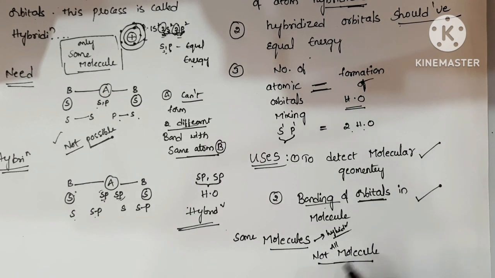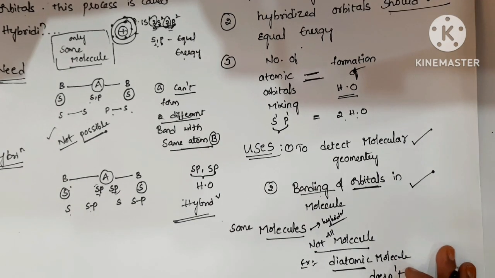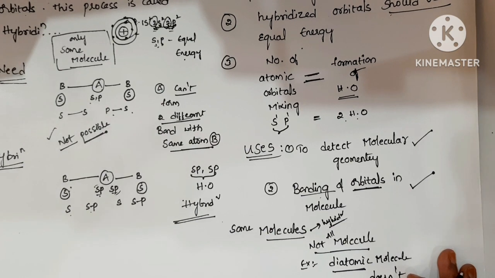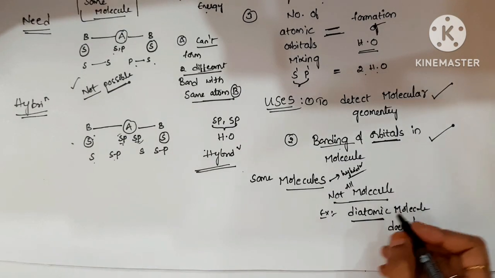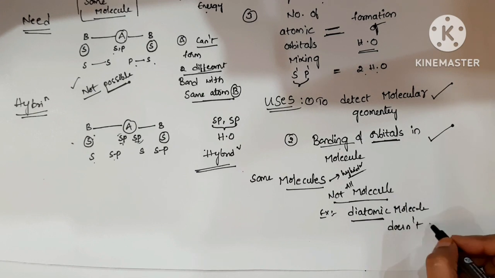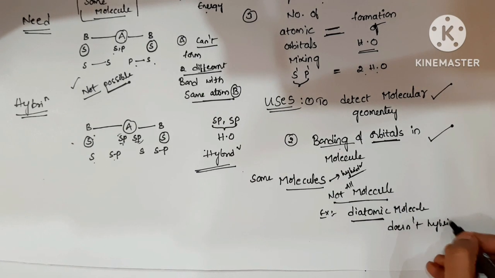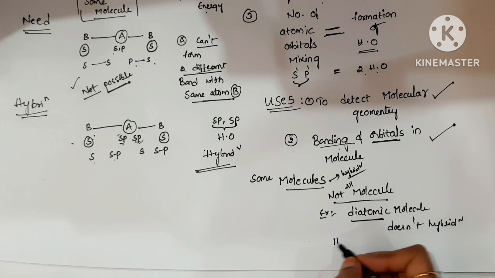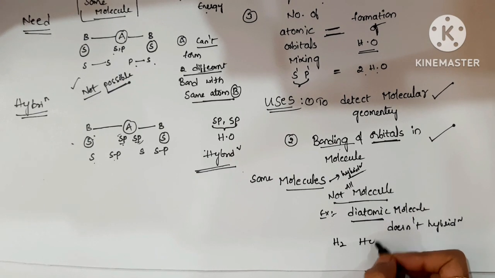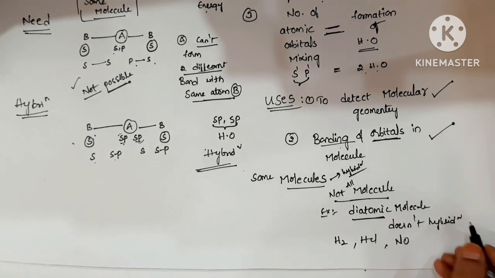For example, diatomic molecules do not undergo hybridization. For example, H2, HCl, NO, like this.